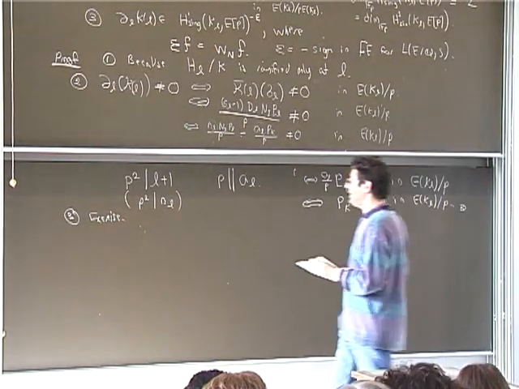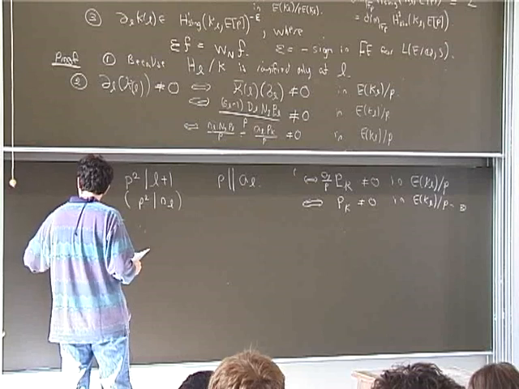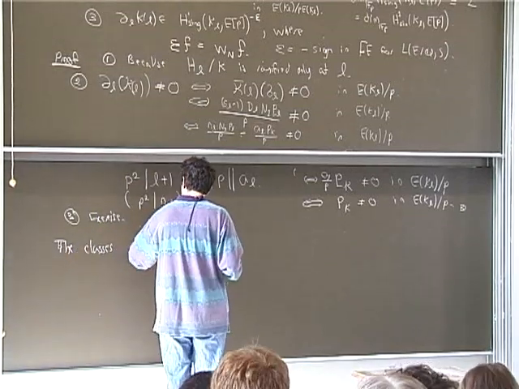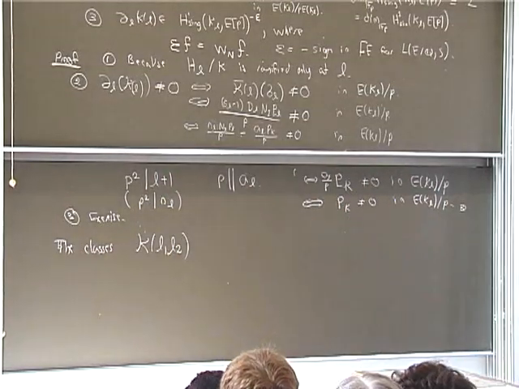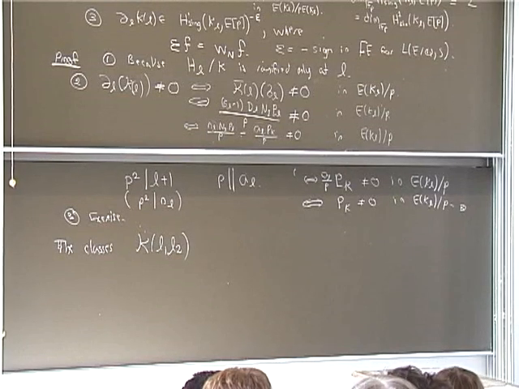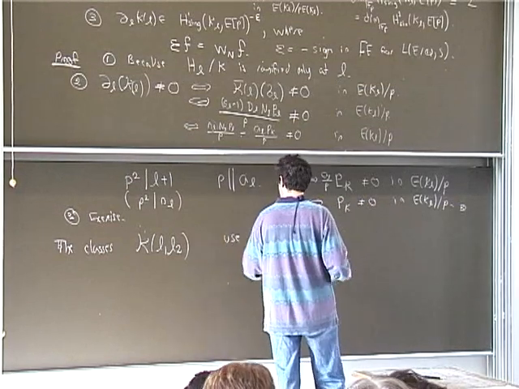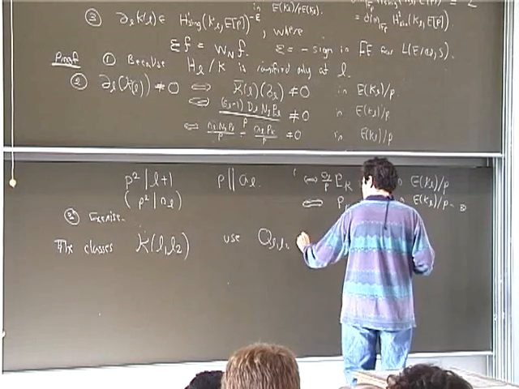And then the last thing I need is further classes. I also need classes depending on two primes, kappa of L1, L2. So L1 and L2 are two Kolyvagin primes, and I look at a product of them. I do the same construction as for the classes kappa of L, except that now I use the point which I call Q_{L1,L2}.